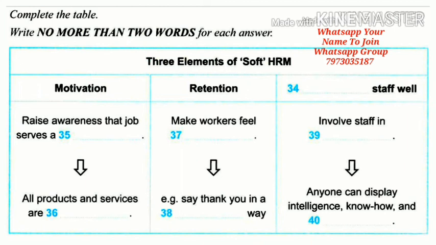Well, we've motivated the staff and retained them with the company, so now we've got to use them optimally. This is often done by getting them to participate more in the key decisions. This has 2 advantages. 1, the employees feel more in control of their destinies, helping again with motivation and retention.